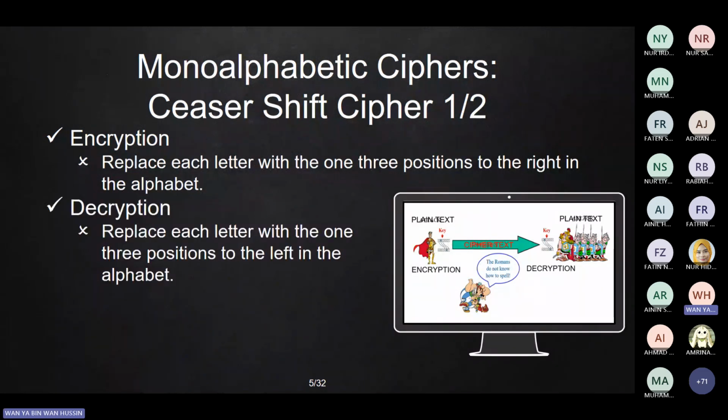Decryption. When we encrypt, we move forward 3 positions. Then when we decrypt, we move backward, reversing the process. So ATTACK will be replaced with DWWDFN.